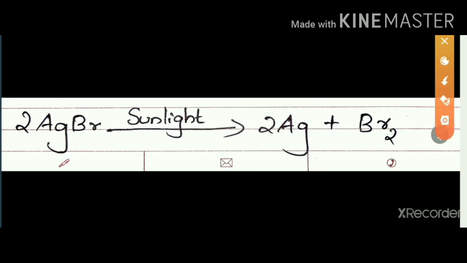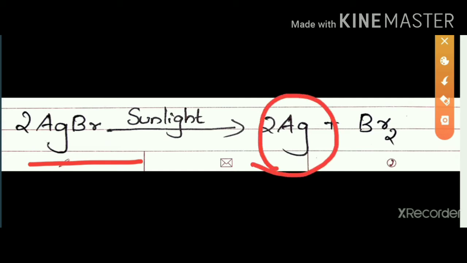For example, silver bromide, AgBr, reacts in sunlight, and we get Ag and Br. In this reaction, silver bromide absorbed the energy of sunlight and the reaction takes place.